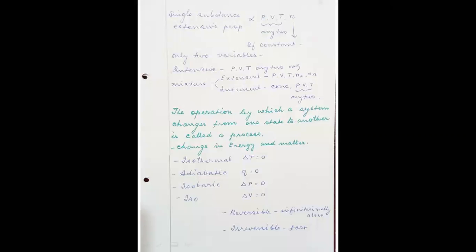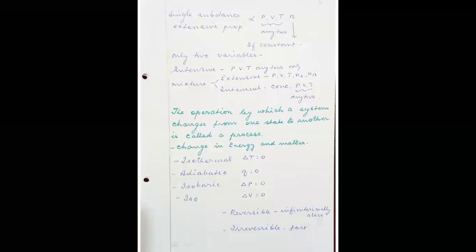Now look here, if a single substance is taken, then the properties will be an extensive property. The single substance property depends upon pressure, volume, temperature, and the number of moles remains a constant because it is a single substance. There is no addition or deletion.